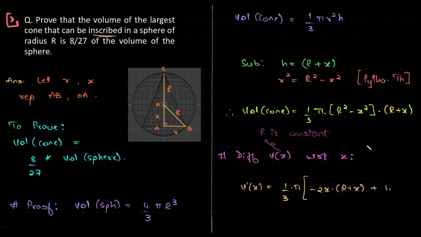Let me make it a bit clearer. Differentiation of the first term: differentiation of R square is 0 minus 2x. Actually, this is not required, but I'm just doing it for your understanding. Plus first term into differentiation of the second term. Closing the brackets.